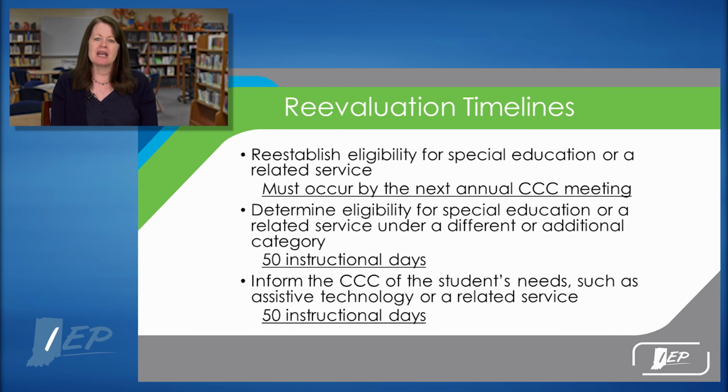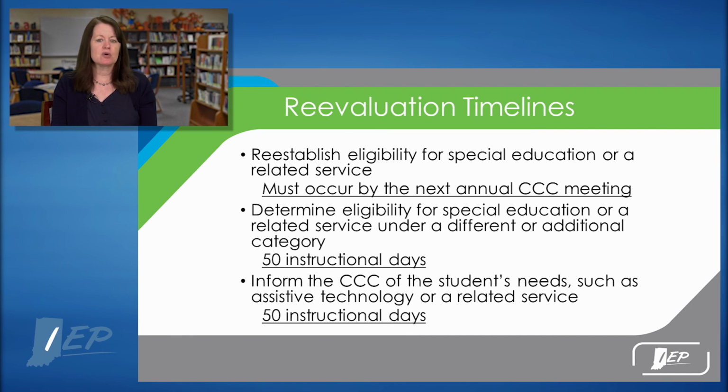If we want to determine eligibility in a different category or a different related service, or an additional area, then we need to complete that evaluation and meet within 50 instructional days, 50 school days.